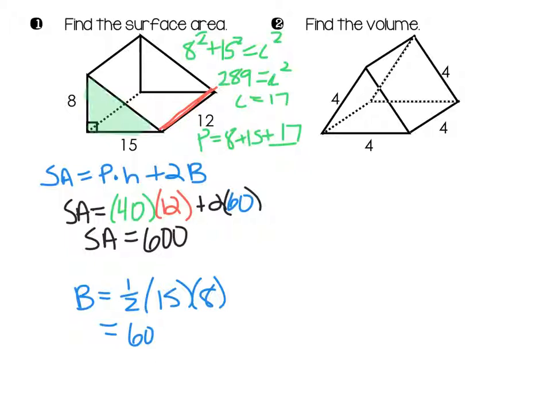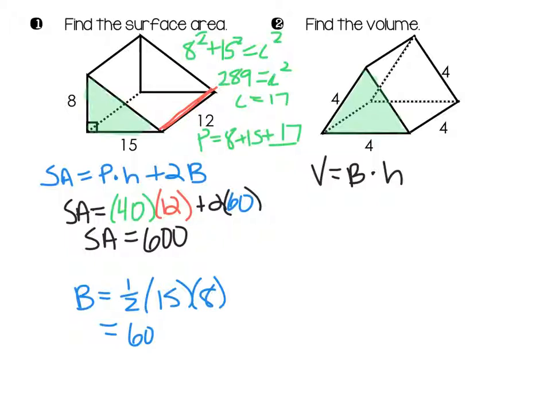All right, next up, we want to find the volume. So for volume, I need the area of the base times the height. So we need to find where our base is. Our base is the triangle. So I need to find the area of that, but I don't know the height of my base, so I'm going to skip that for a second.